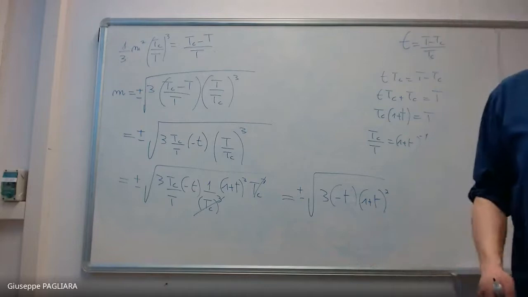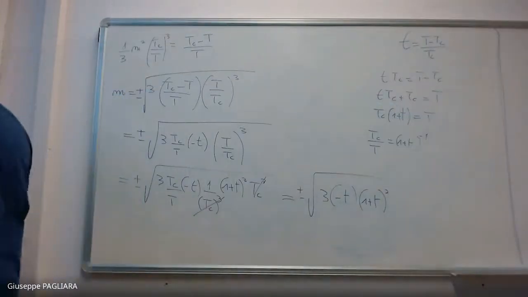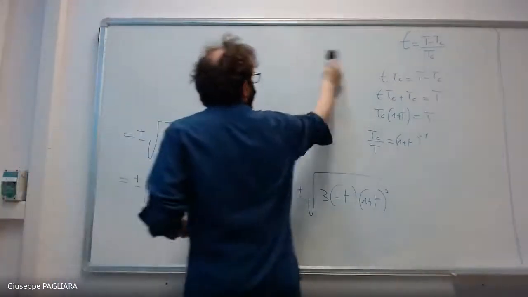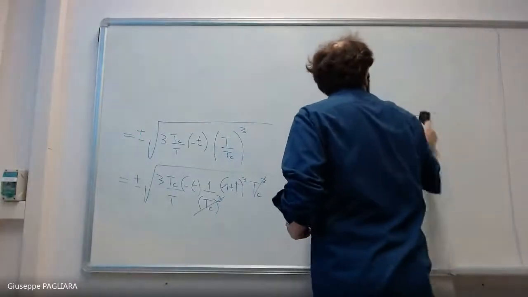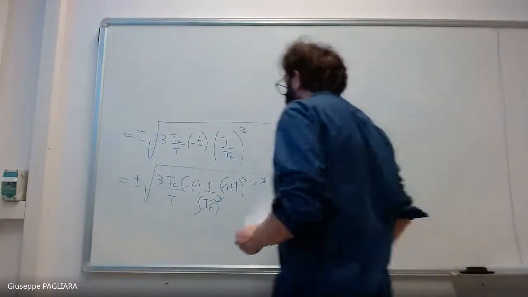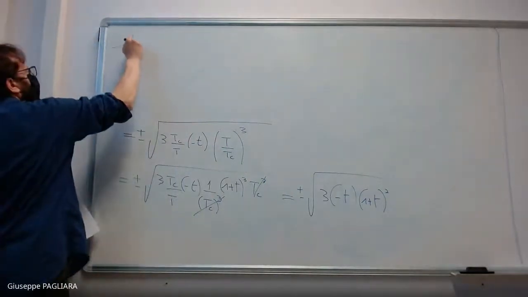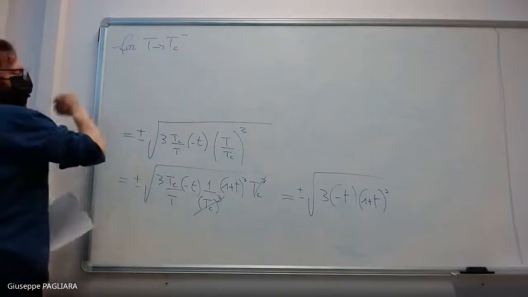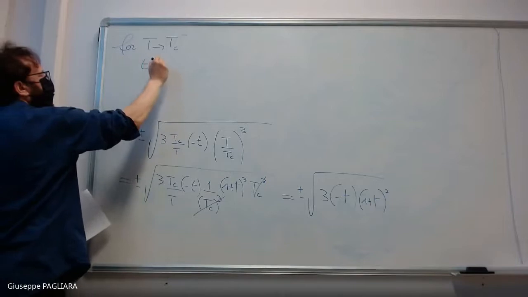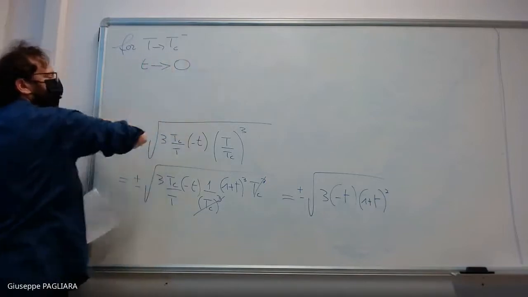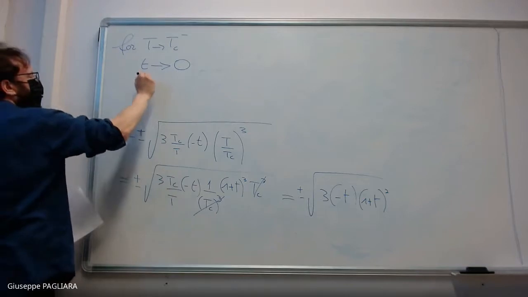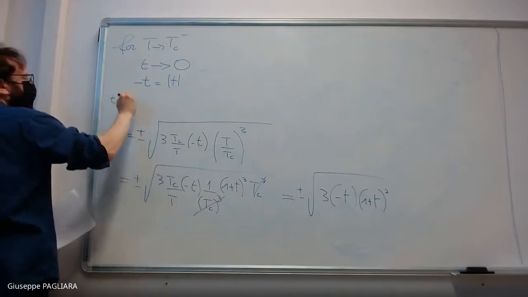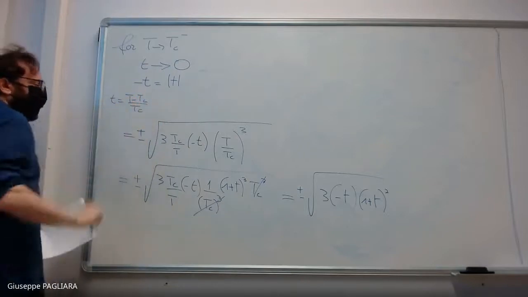So now what is important to observe is that when t is small, for T approaching Tc from below, of course t is approaching 0, and the minus t is equal to the absolute value of t, because t was defined as T minus Tc divided by Tc.